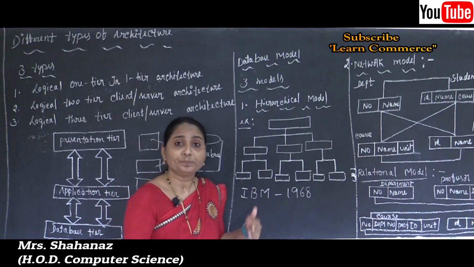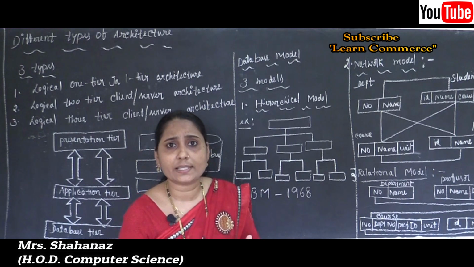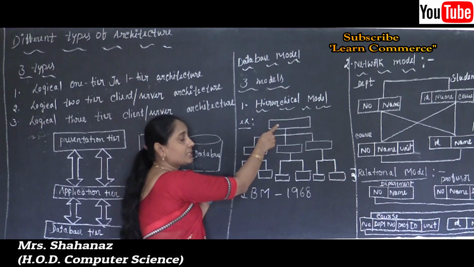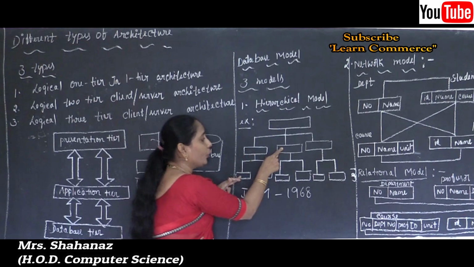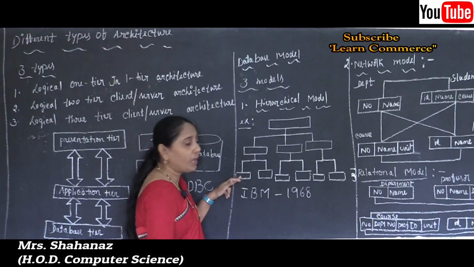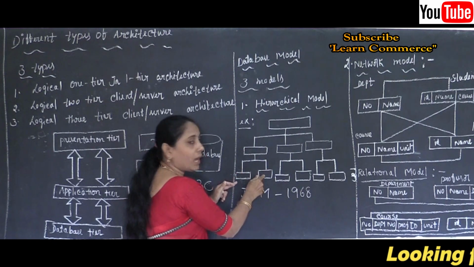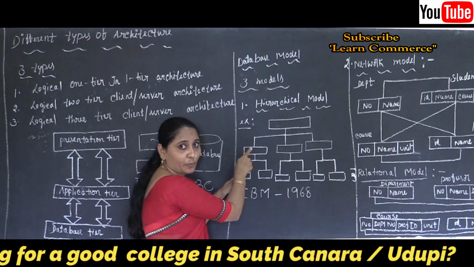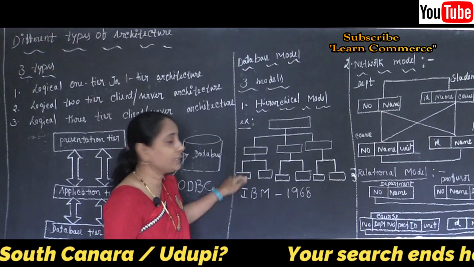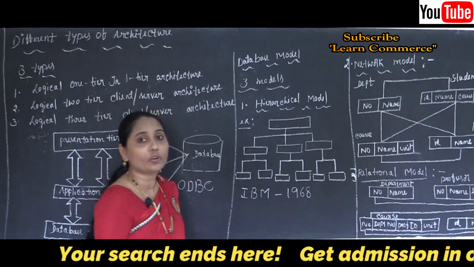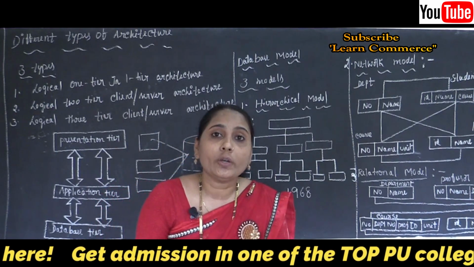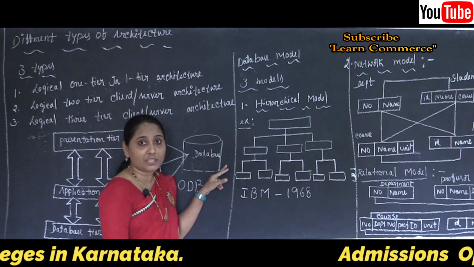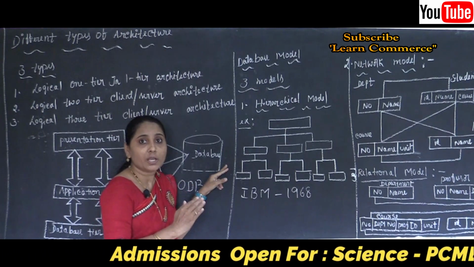In this diagram, this is the parent node, and 1, 2, 3 are the child nodes. Later, these two are the child nodes, and this one is the parent node. In hierarchical manner it creates the records.